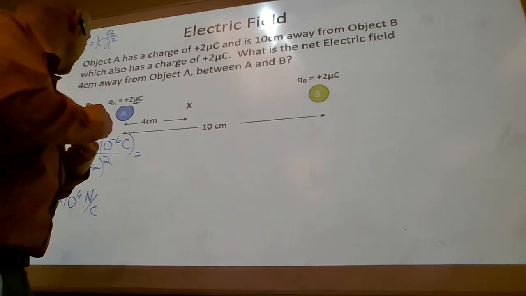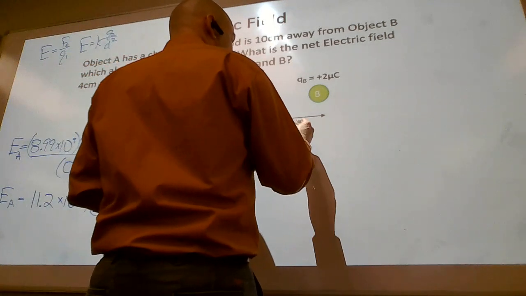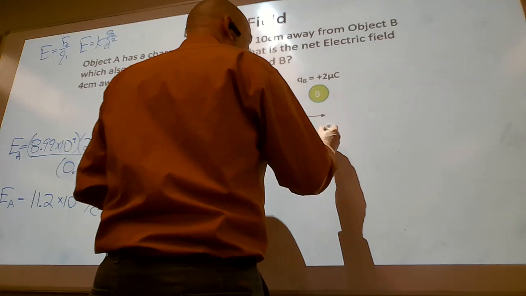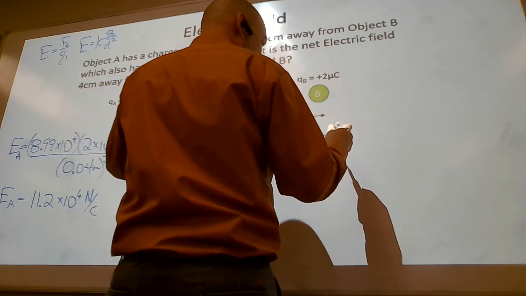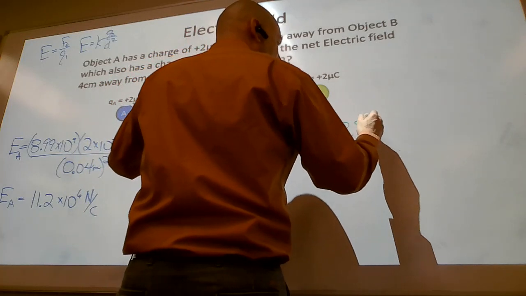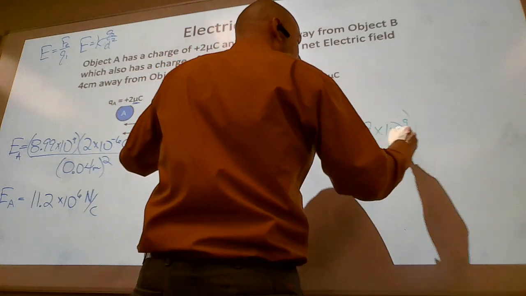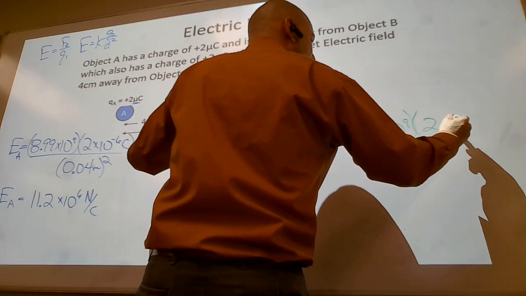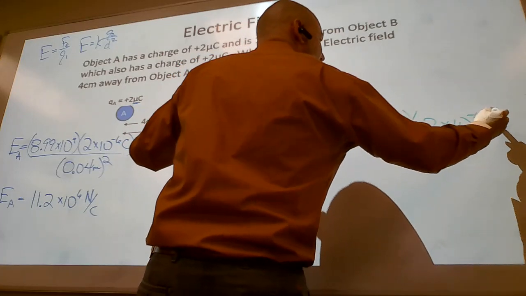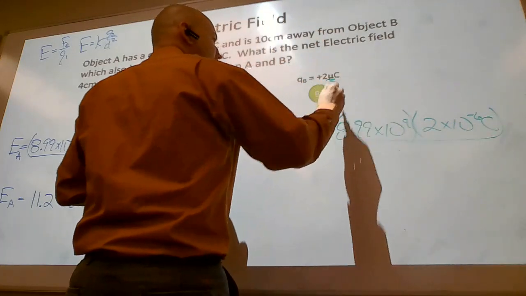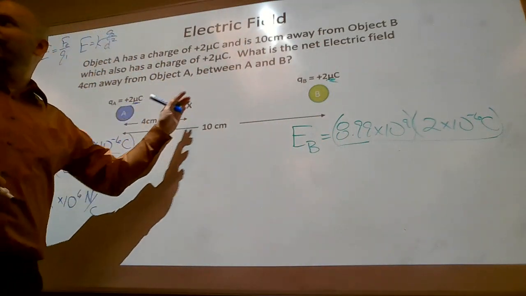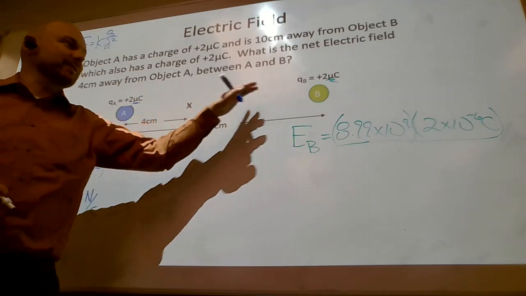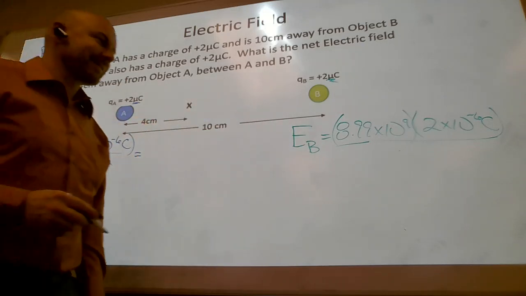I'm going to find the strength of the electric field from object B at this location. So we've got 8.99 times 10 to the 9th, times 2 times 10 to the negative 6, because it's microcoulombs. If this is 4 centimeters and this whole thing is 10 centimeters, what's this distance? 6 centimeters.